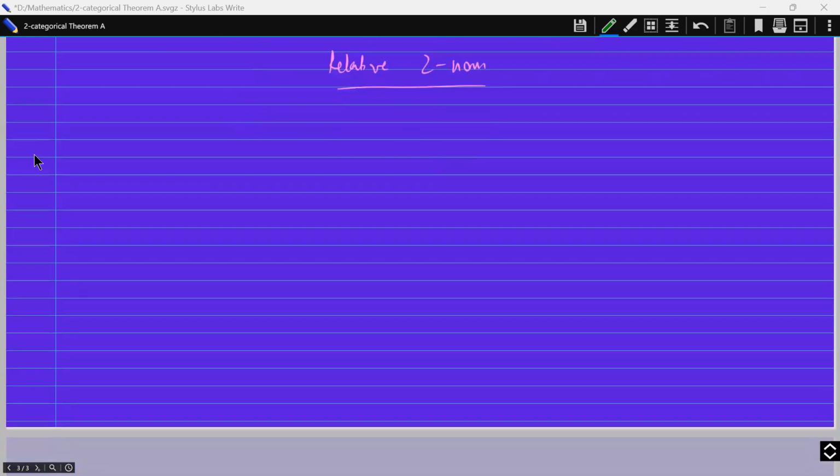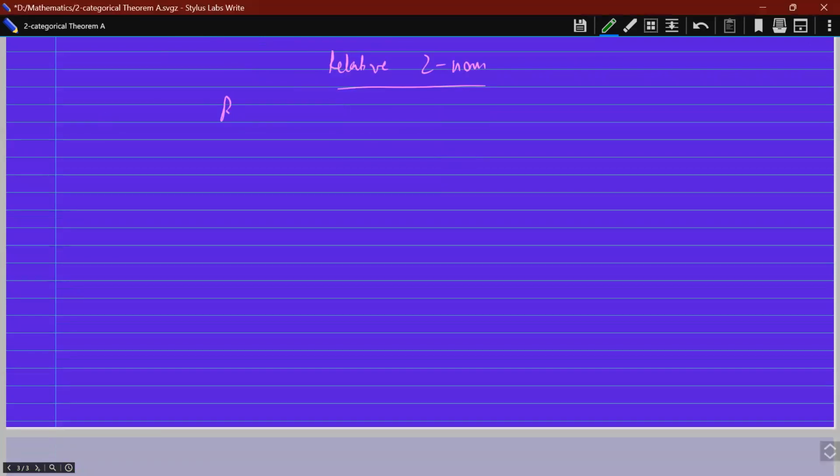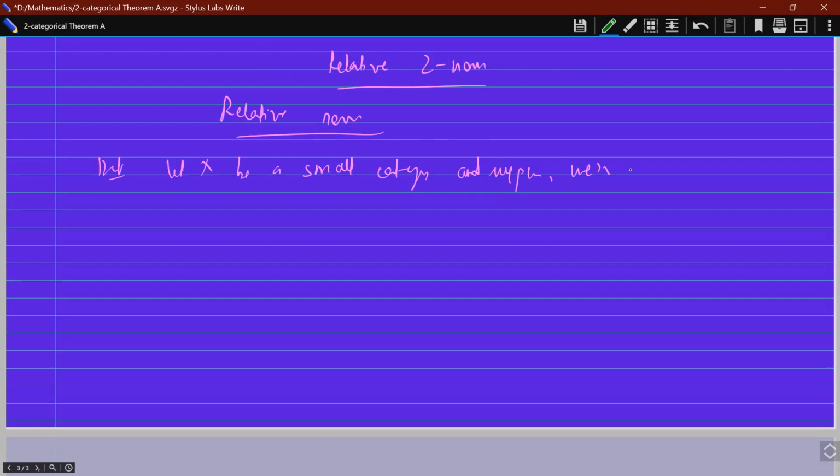Relative nerve. Okay, so X is a small category, and suppose we have a functor.